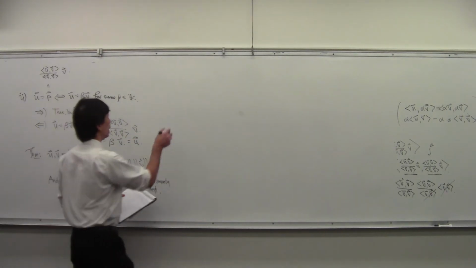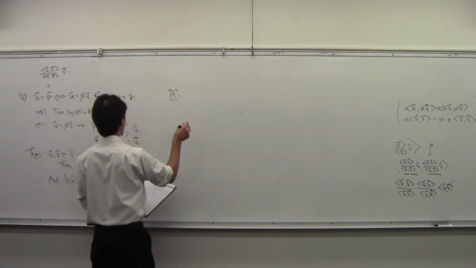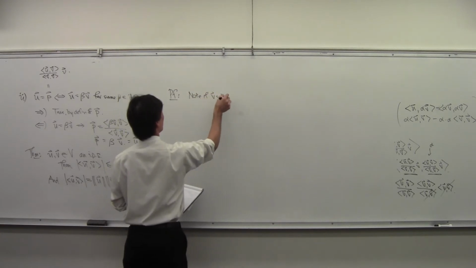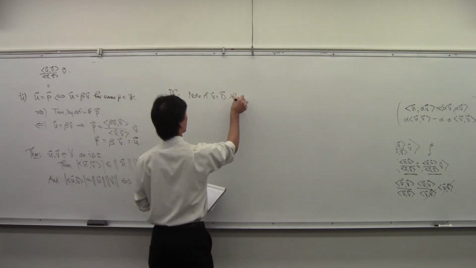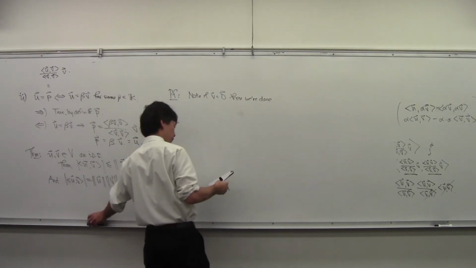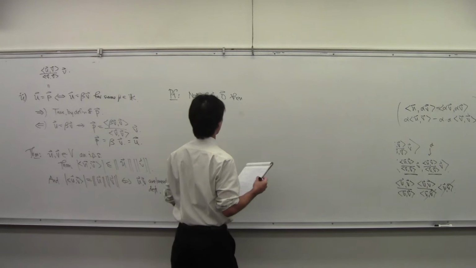Okay, so the proof starts off with something silly, which is that note if V equals 0, then we're done. Right, then the proof is trivial. Then the proof is easy.